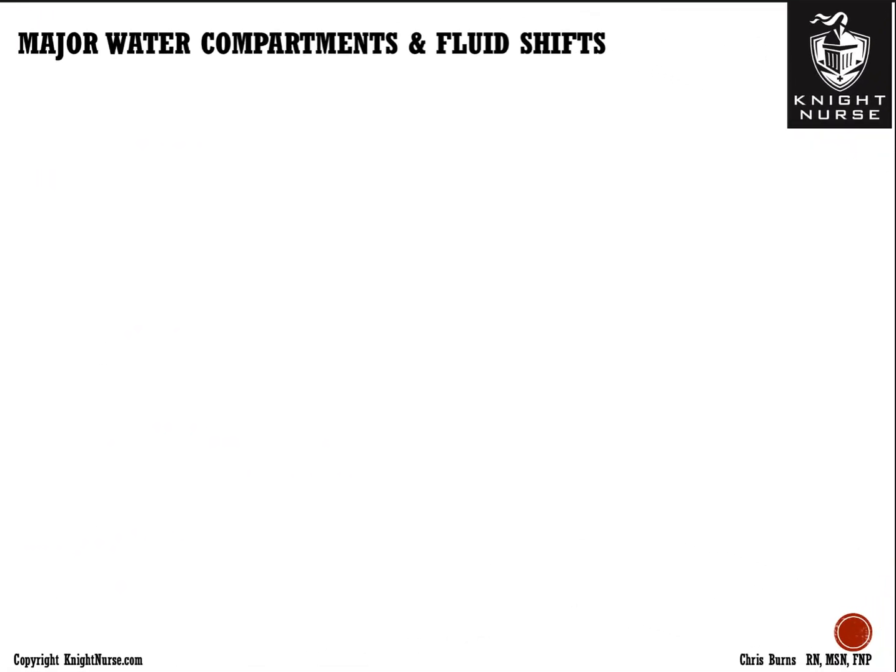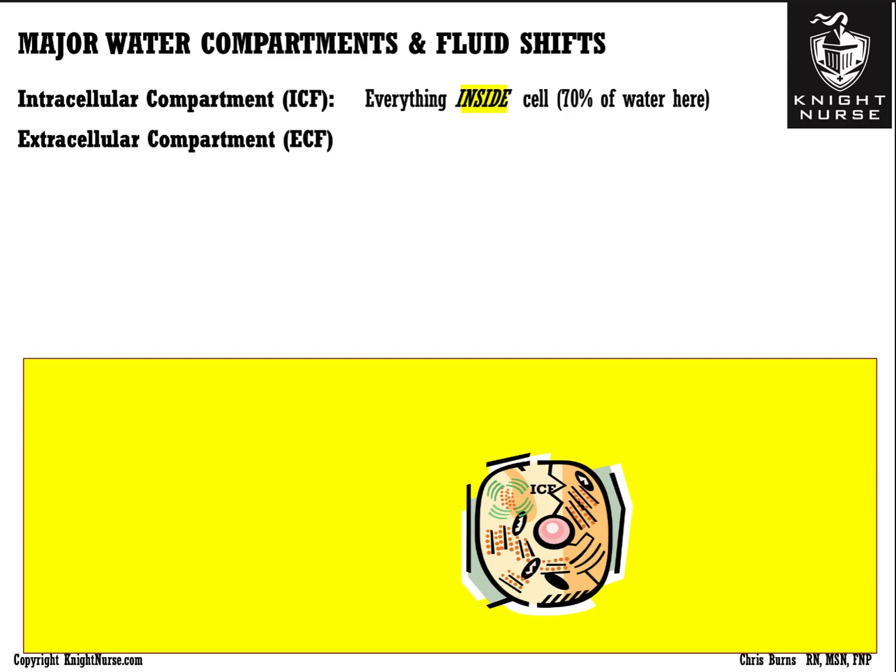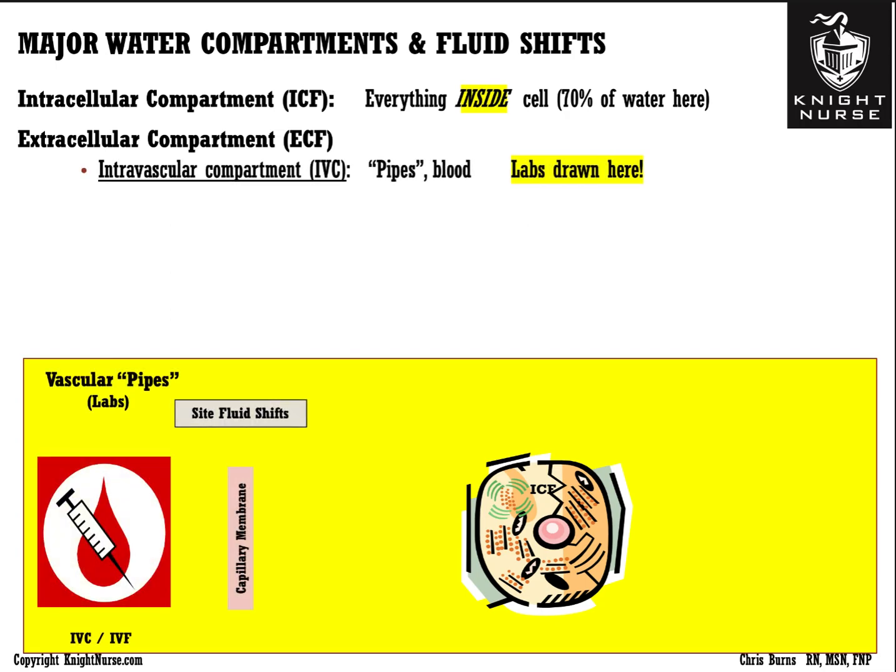So, major water components and their fluid shifts, remembering that most of the water is inside the cells, that's the intracellular fluid. But when we talk about the extracellular compartment, you have all this other area. What is it made of? It's made of the vascular pipes, the intravascular compartment. And this is where you draw labs.